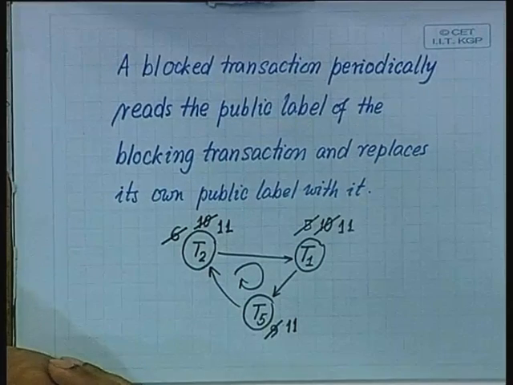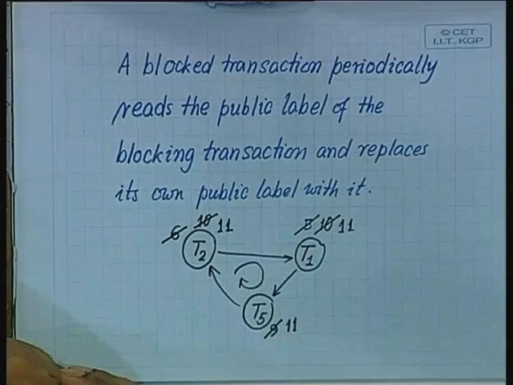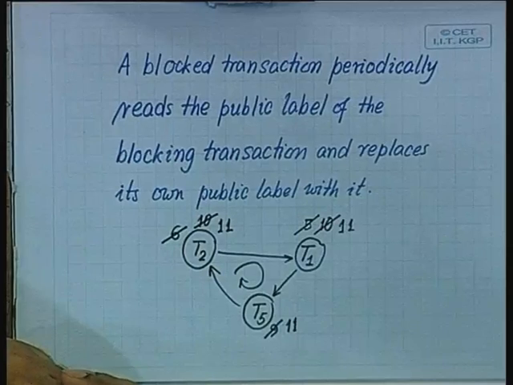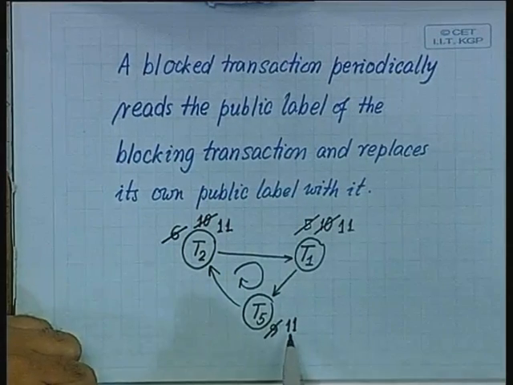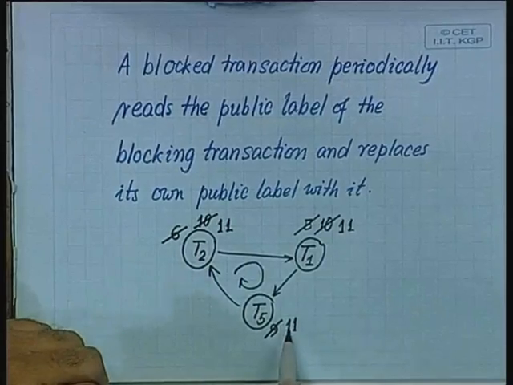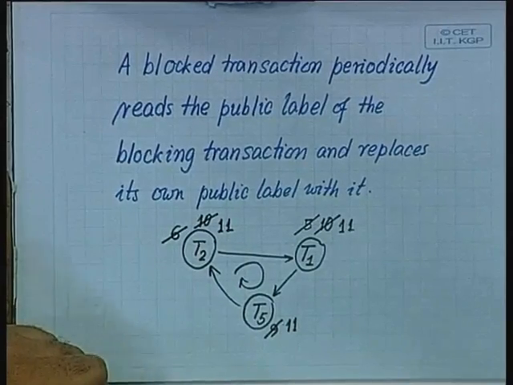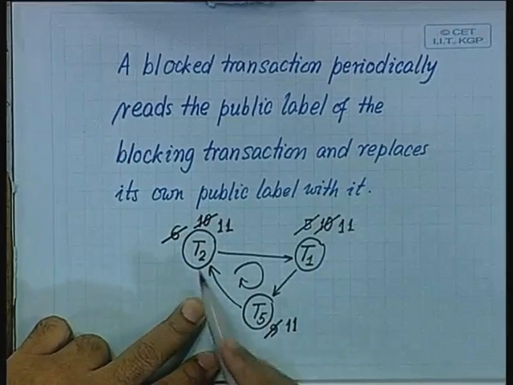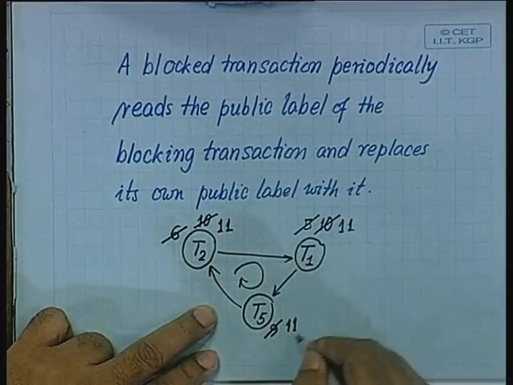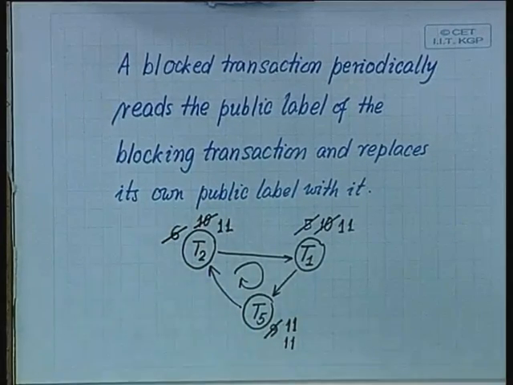Is that clear? There is one of these whose public label and private label will match. Which one here, you tell me? When the last dependency occurred, that is T5 blocked on T2, it changed both its public and private label to 11.